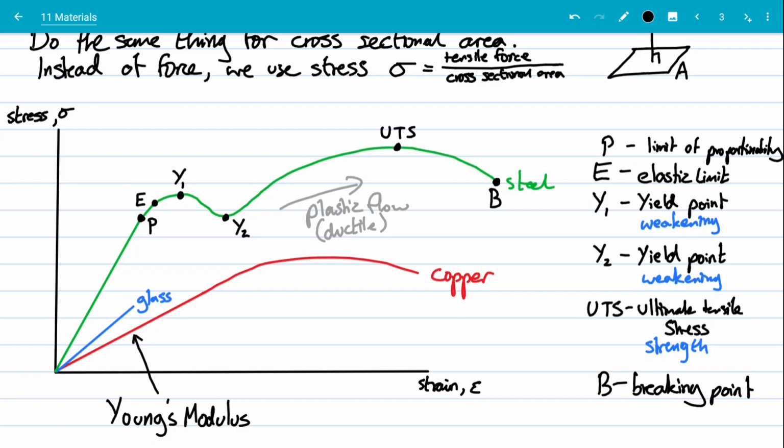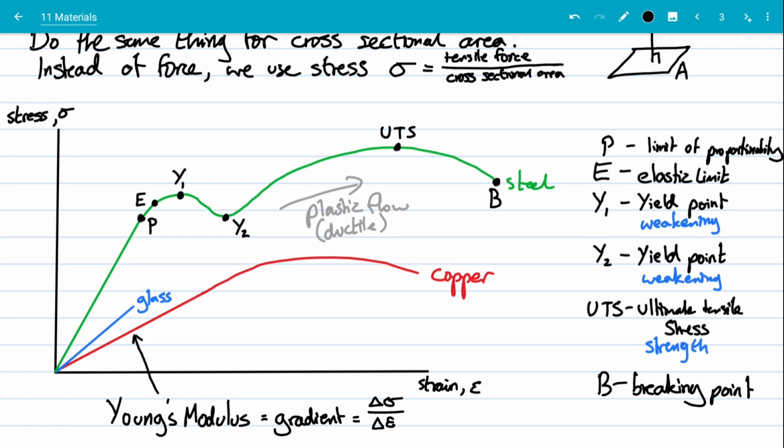Just check I spelled modulus right. Yep. Young's modulus. It's the gradient of the straight part. Gradient. And it is equal to the stress versus strain. It is the change in the y-axis divided by the change in the x-axis.